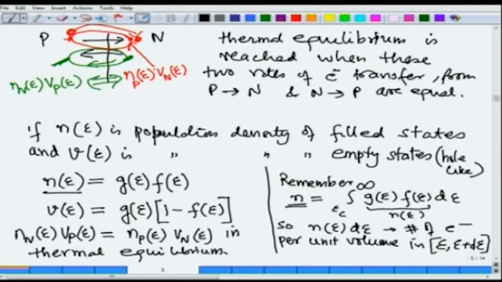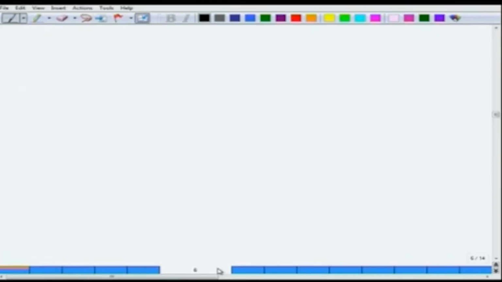Let us do that again on the next page. Just for continuation's sake, I copied the same line, and let us write down what this n is.